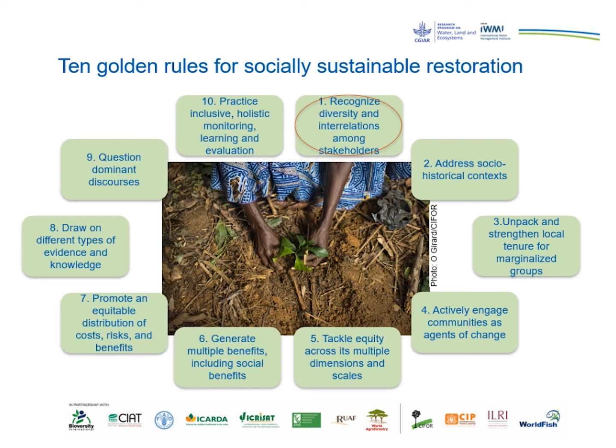So this rule is really about recognizing these different actors who have legitimate claims to have a voice and influence in restoration, to understand their motivations, their aspirations, their constraints and opportunities in restoration, and also the power relations among them. So how they relate to each other and to restoration initiatives.